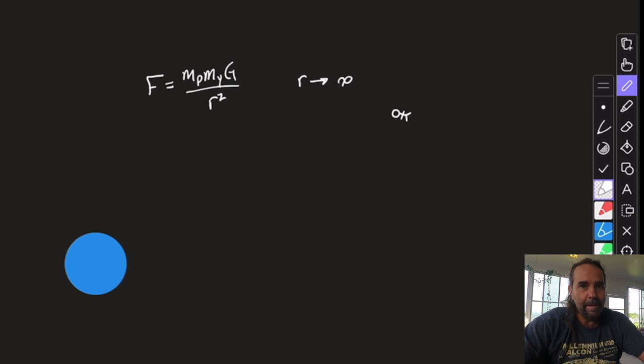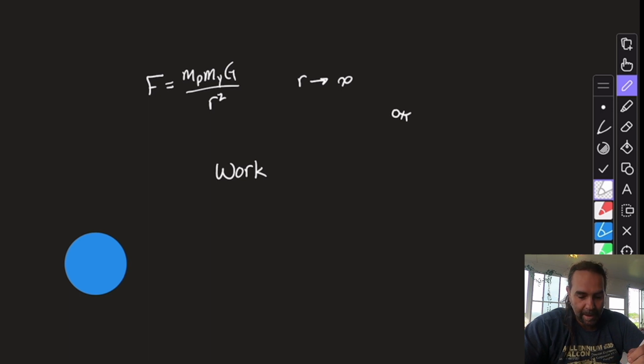Now, here's where it's going to get a little bit more complicated. How do we figure out how much energy that actually is? This is going to be hard. We have to do work. That's where energy comes from. Work, by definition, is how much force you apply over a distance.